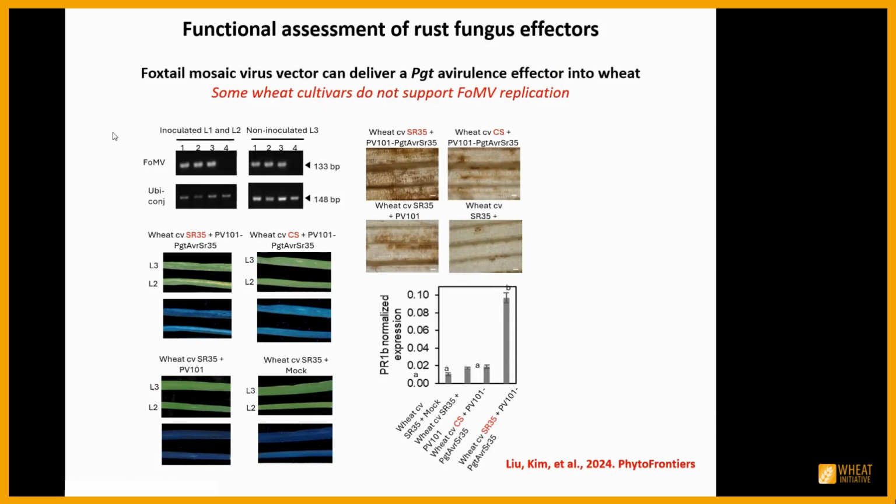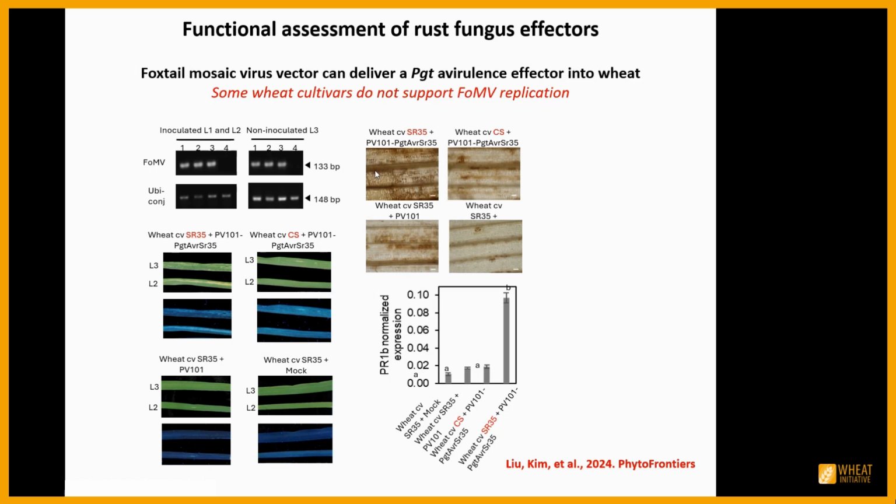Of course, when we have these potential candidates, we would like to do functional assessment. We did a quick study using foxtail mosaic virus vectors that we got from Kostyuk and Yuka. It works for certain isolates. So we cloned here the previously cloned AvrSr35. This seems to work. We can see the symptom formation on the leaves when it's expressed through this foxtail mosaic virus system.